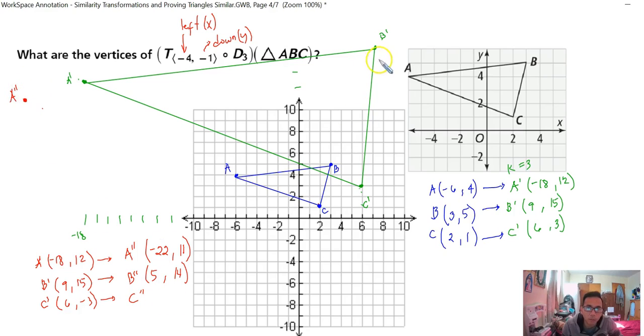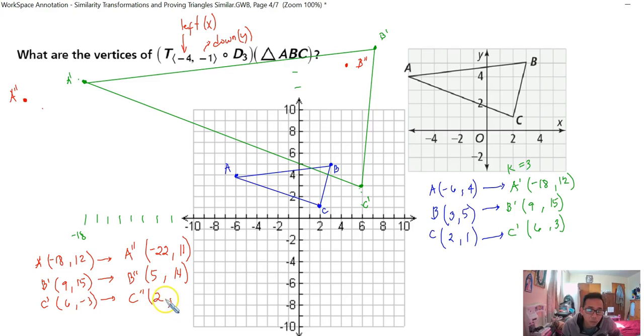And then B prime, it's from here. So it goes to the left because this one it's 9 minus 4, it goes to 5, and then you go down 1. So this is my B double prime. And then my C is 6 minus 4, it's 2.